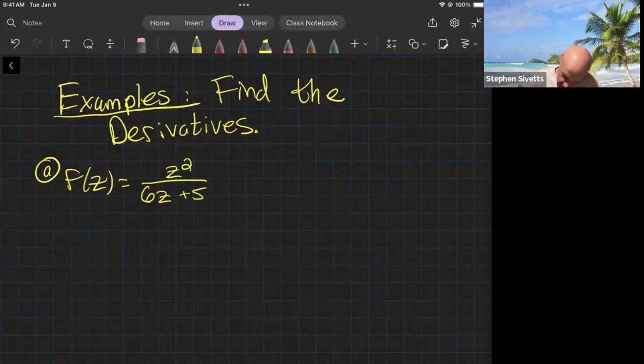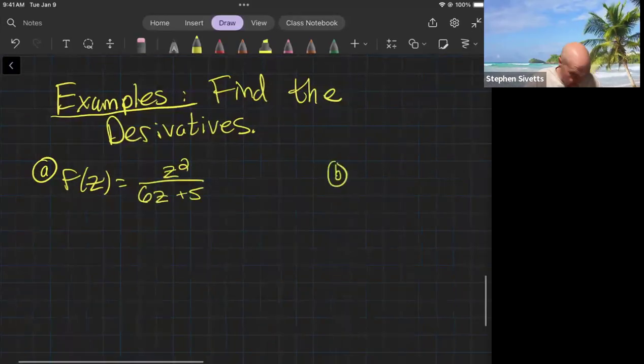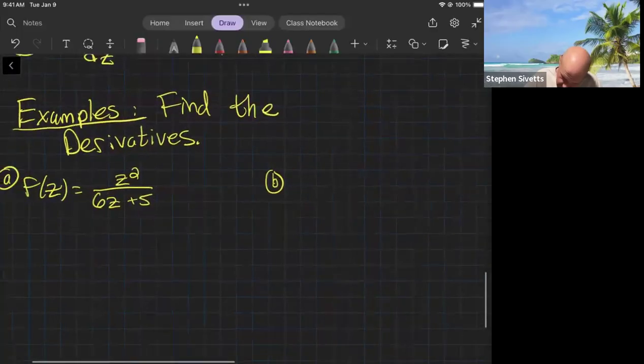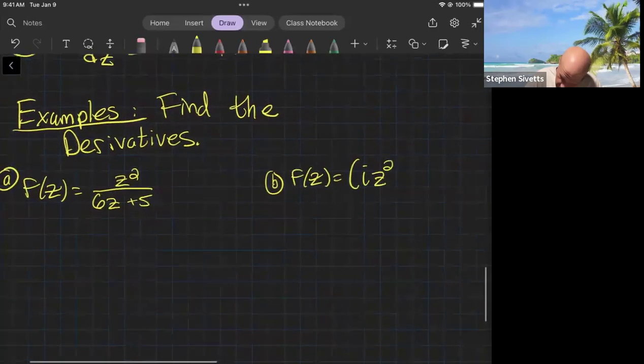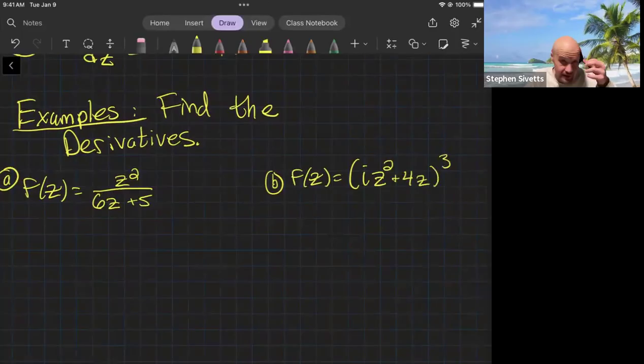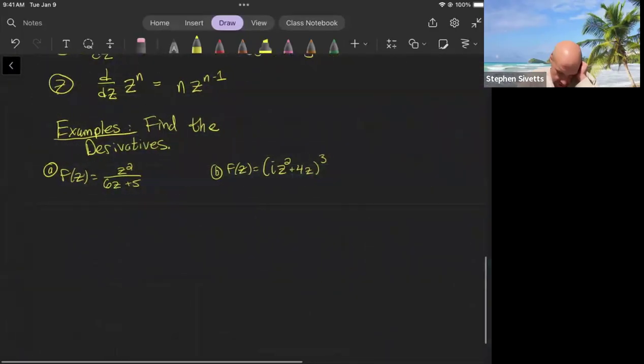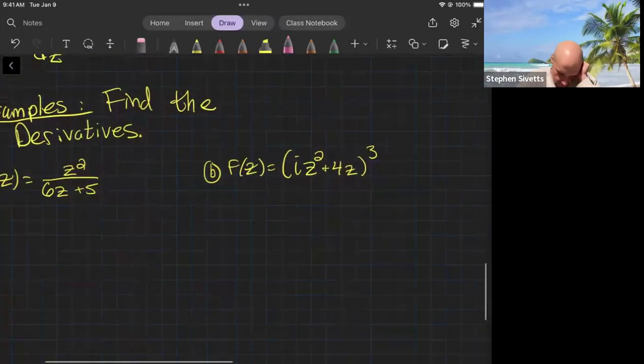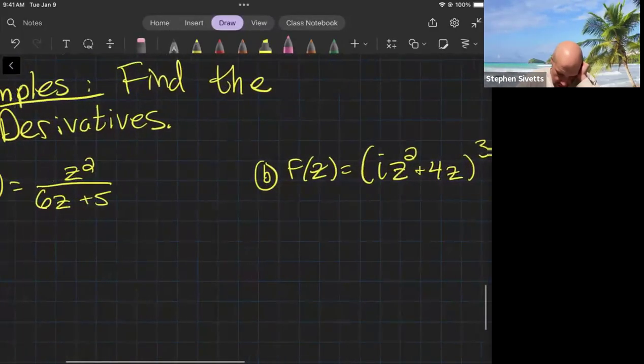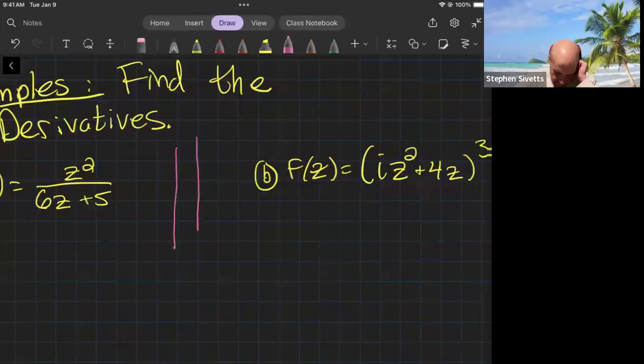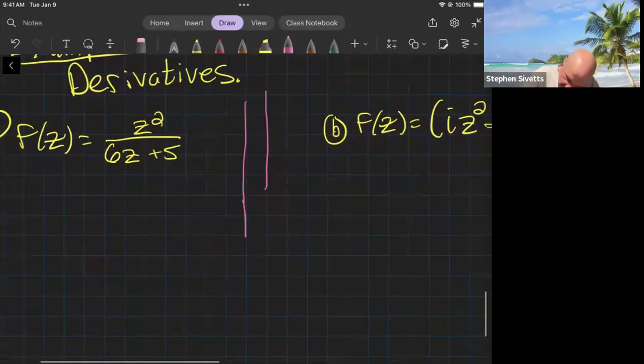And then the other function, once you try it out, is this one, f of z is equal to (iz squared plus 4z) cubed. All right. So try to work on these examples and let's see what you came up with. I'll give you some time to work on these. Okay. All right. So I assume you worked on these examples.